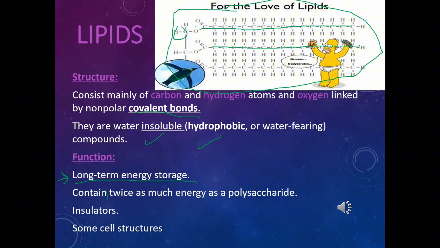Number two, the insulator. So all the polar animals, they have below their skin an entire layer of lipids. So and they have blubbers. So all of these are insulators.